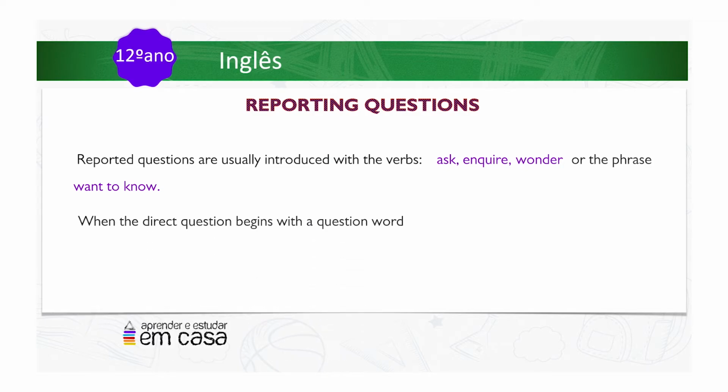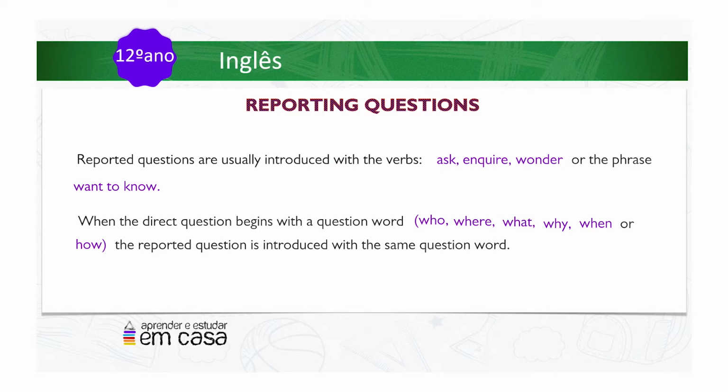So when the direct question begins with a question word, do you remember the question words? Yes? So here we have them. Who? Where? What? Why? When? Or how? These are the question words. So when a question begins with a question word, what happens?